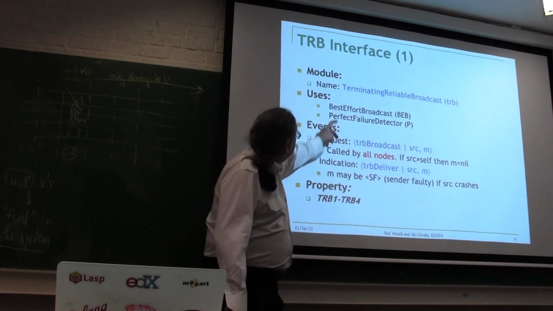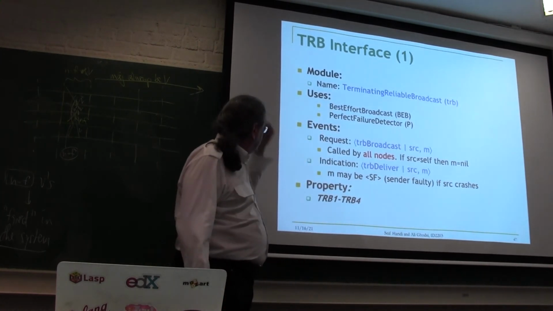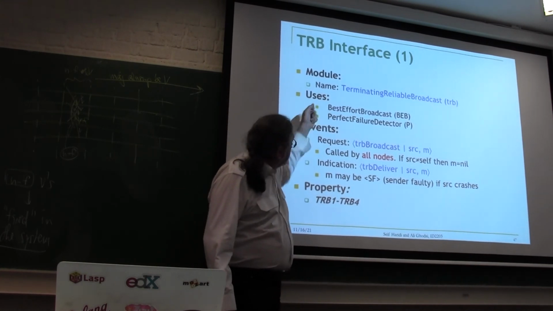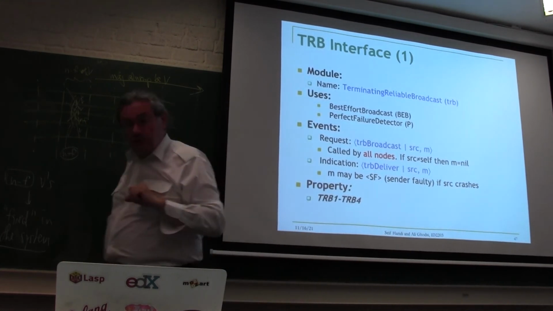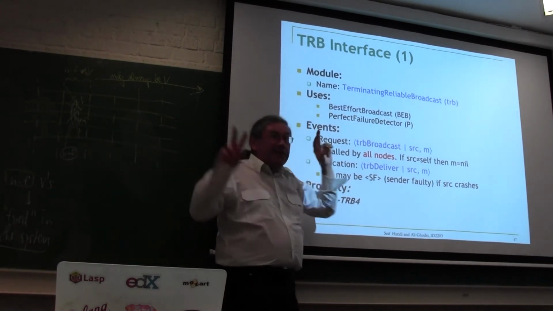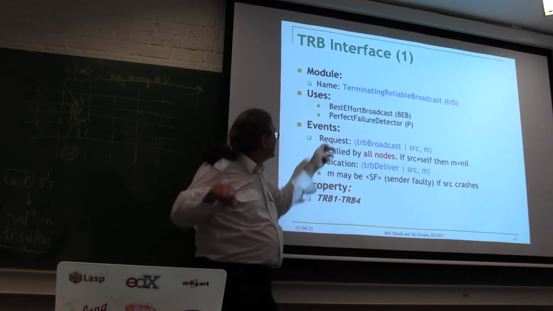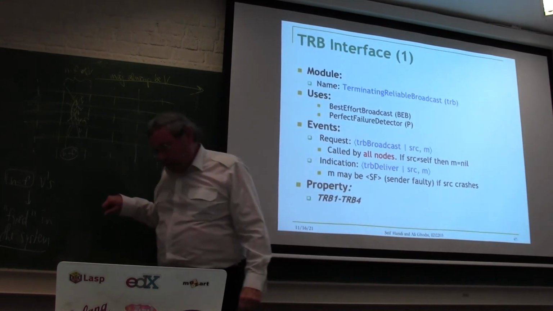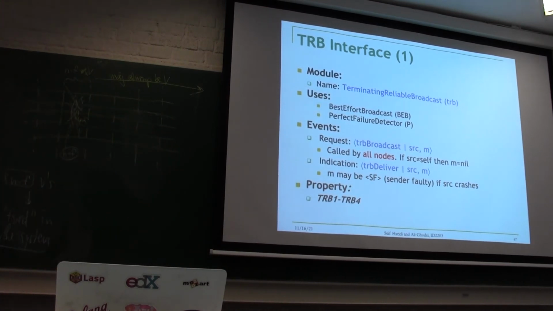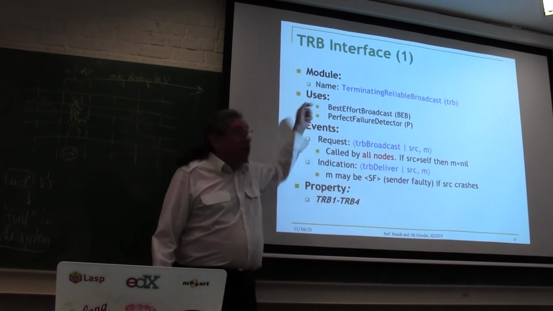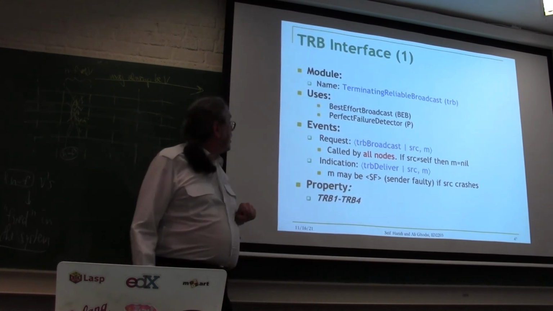So here is terminating reliable broadcast, and in order to work, it needs a perfect failure detector. That should already make alarm bells go off in your head. An algorithm that needs a perfect failure detector is going to be hard to implement. And if you want a strong result, sometimes you need perfect failure detectors.